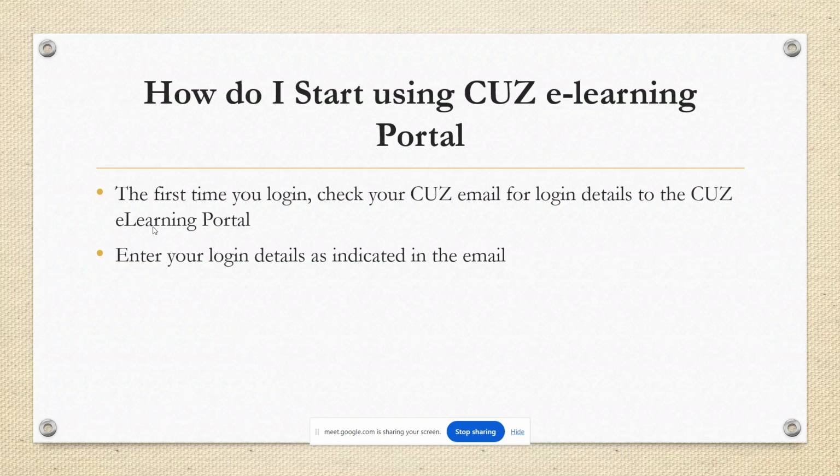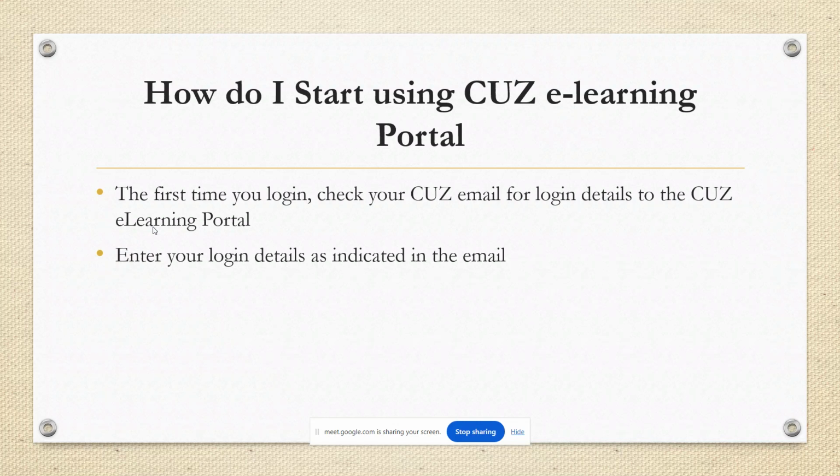So the first thing, how do I start using the CUZ e-learning profile? Once you've been enrolled, an account is created for you. The first time you log in, you check your CUZ email for login details to the CUZ e-learning profile.